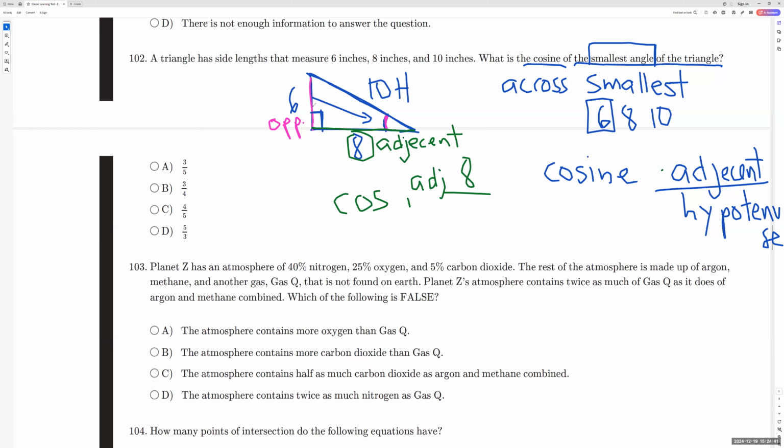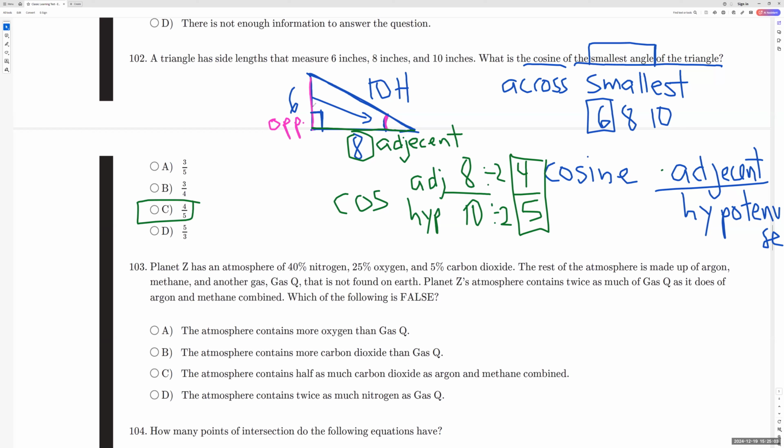Since I don't have an 8 over 10, let's simplify: 8 divided by 2 is 4, 10 divided by 2 is 5. The cosine of that angle, opposite 6, is 4 over 5, or choice C.